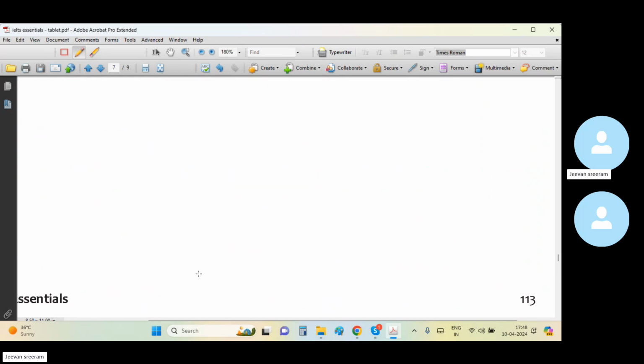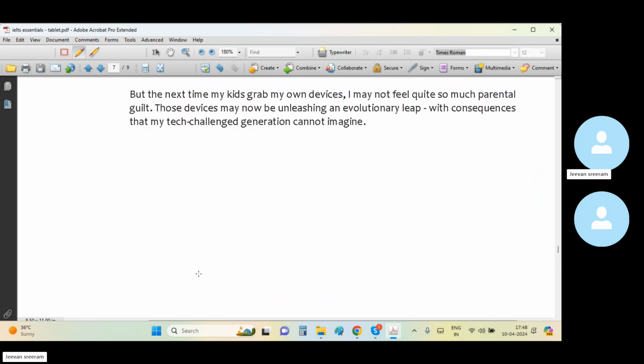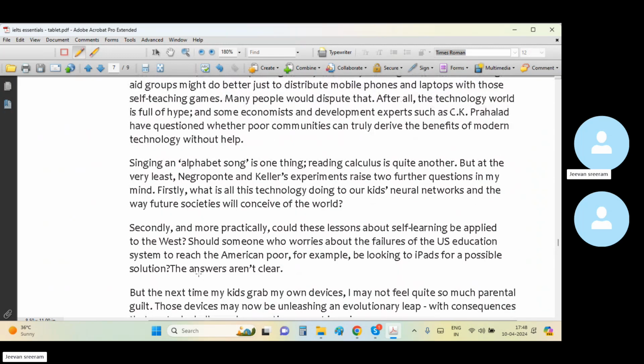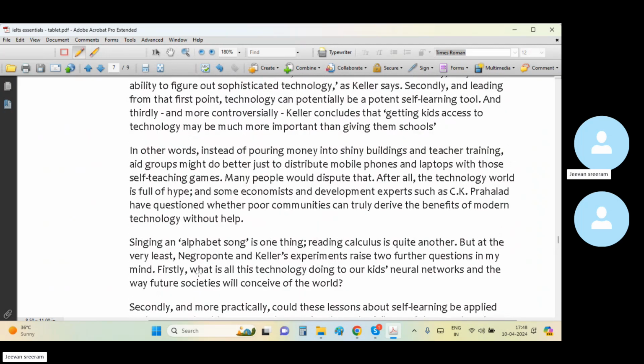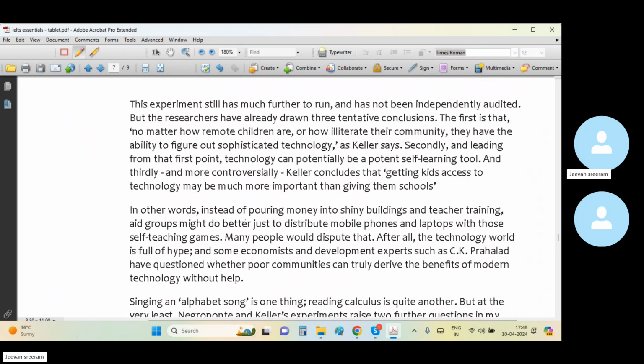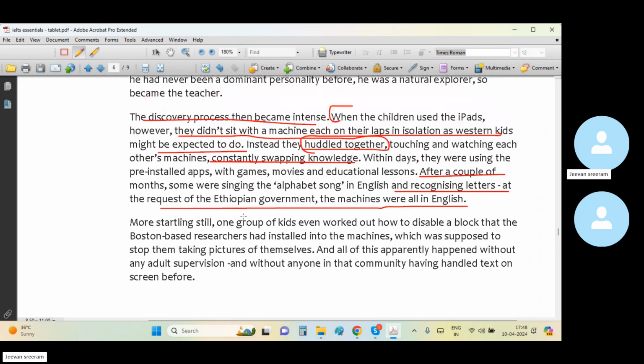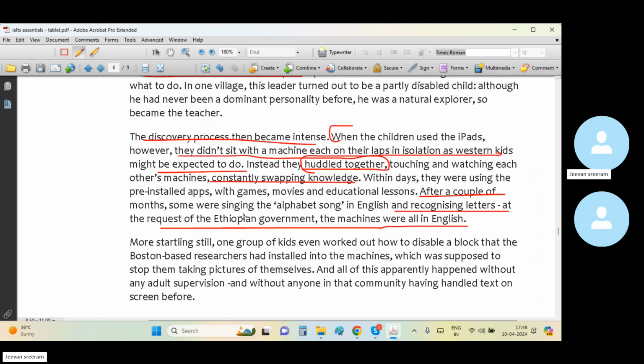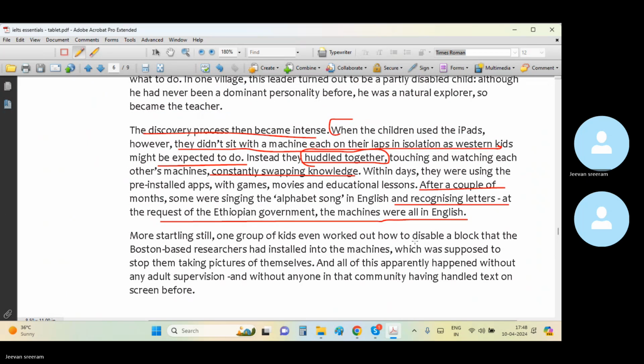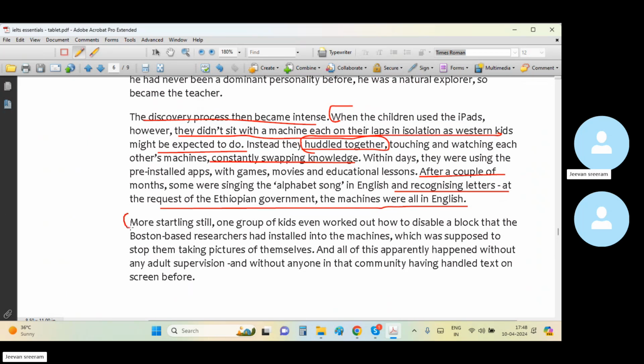So what does this mean? The statement gives a sense that researchers had already predicted that children were going to turn on the camera on the particular tablet. So please observe, this is more startling, a more shocking scene.